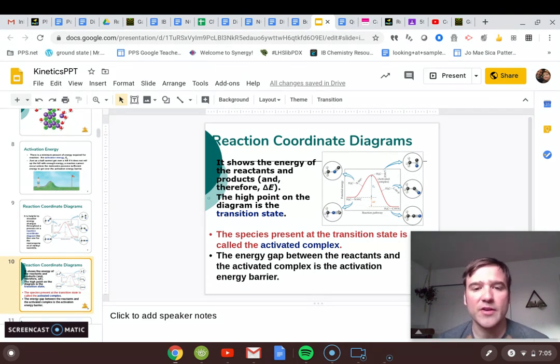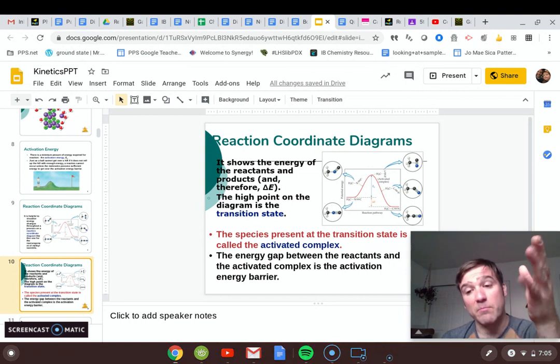A couple other terms here that are helpful. The highest point on the diagram is referred to as the transition state. It's a point in time where you have an in-between of reactants and products. And it's different than what the substance is that is there. That substance that's halfway between products and reactants is called an activated complex. These are often difficult to distinguish between each other.